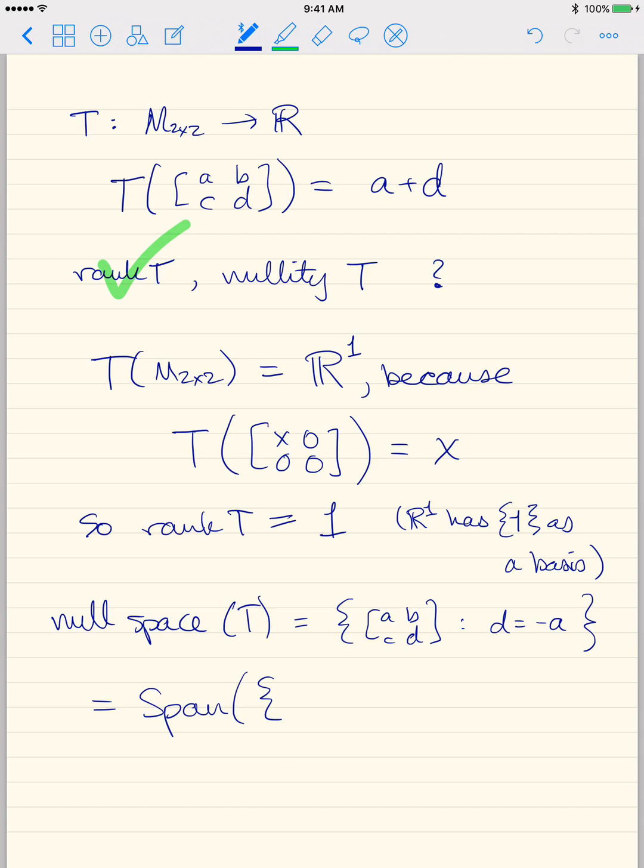So what should we be thinking here? If we want to come up with a basis for the set of all 2x2 matrices whose diagonal entries are opposites, additive opposites of one another, what can we do? Yes? You got one matrix with 1, 0, 0, -1. Great. You can have one matrix that's 1, 0, 0, -1.